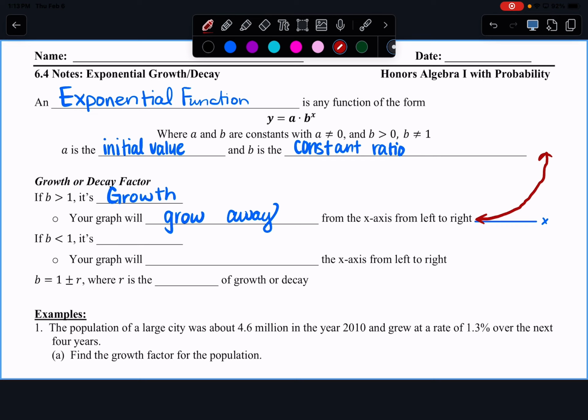Now, what happens if your b is less than 1? If your b is less than 1, that is where you have a decay function, and your graph will decay towards the x-axis.